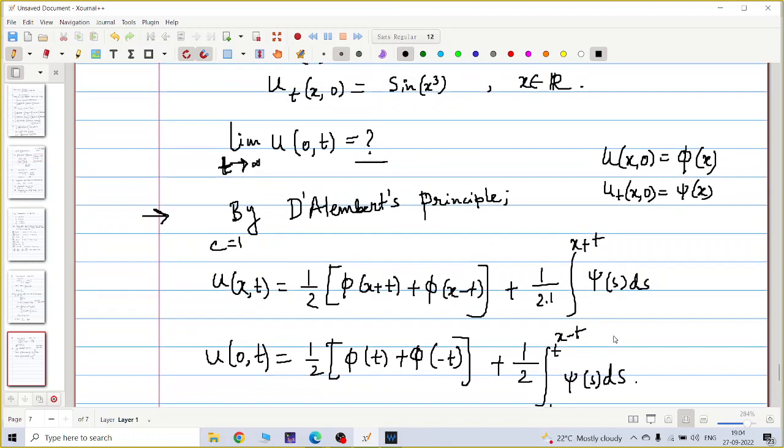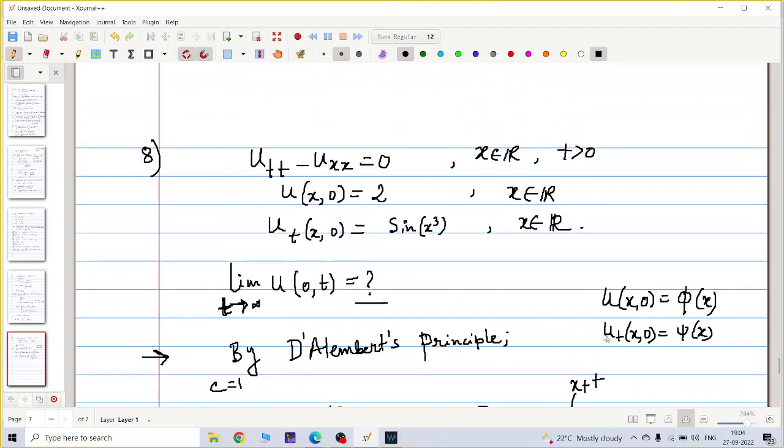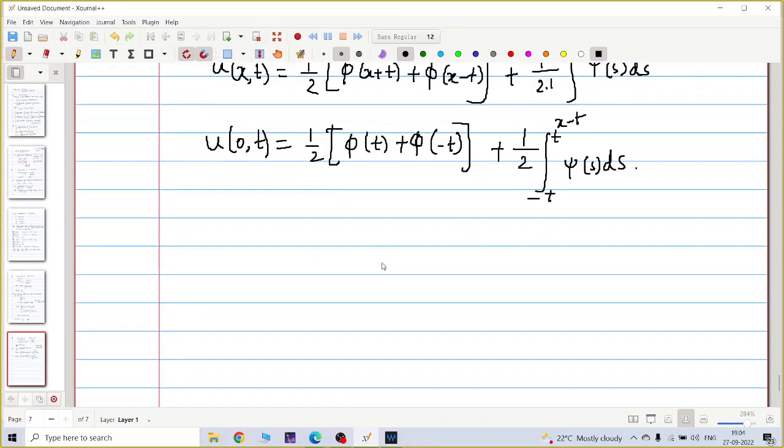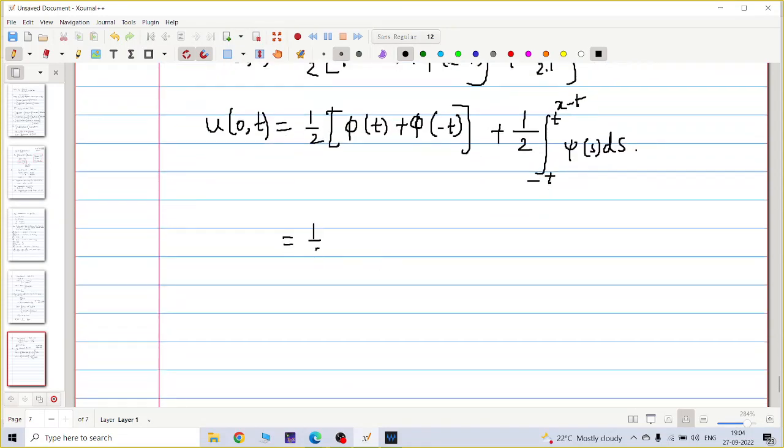Now I put the values of phi and psi. My phi is 2 and psi is sin x cubed. So phi is always 2 for any t. Phi of minus t is also 2. So 2 plus 2, plus half the integral from minus t to t of sin s cubed ds.